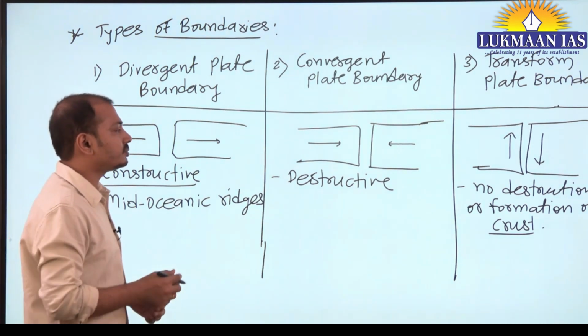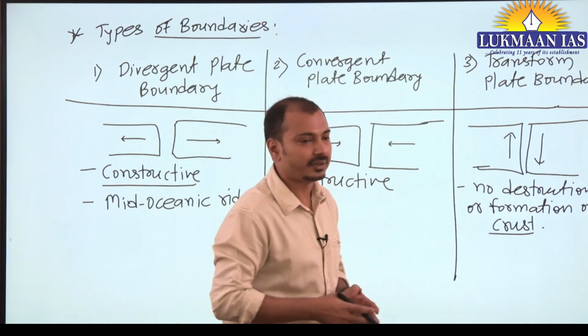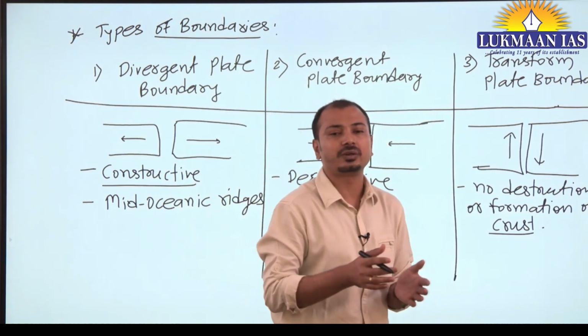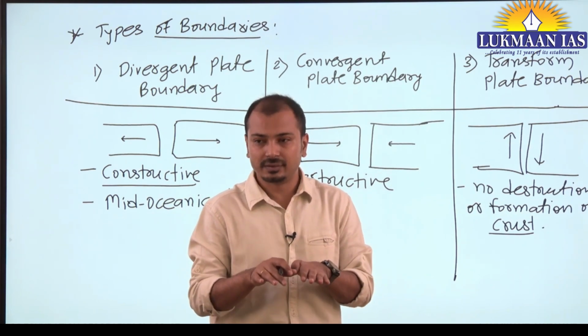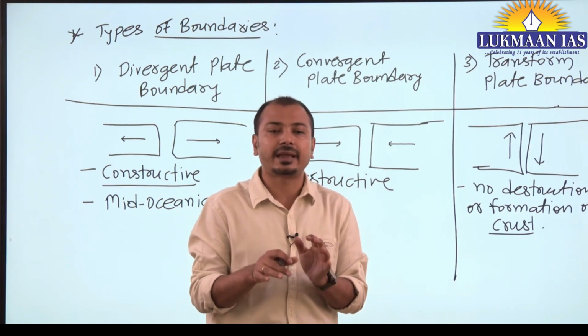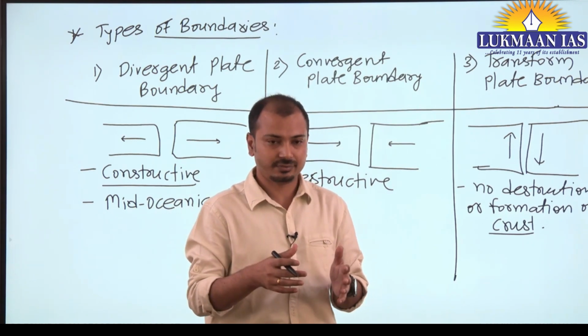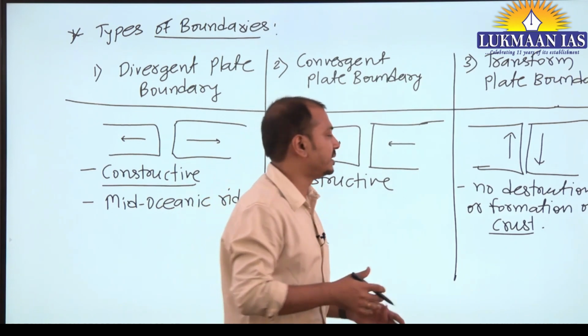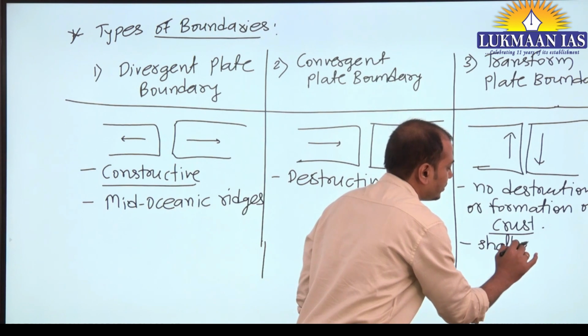Understood? You can say that earthquakes could happen because of that. Yes, earthquakes would happen here. Why? Because it is also tectonic activity. The lithospheric plates are moving, and when they are moving there can be imbalance of rocks, there can be release of energy, but again we can say that they will have shallow focus.